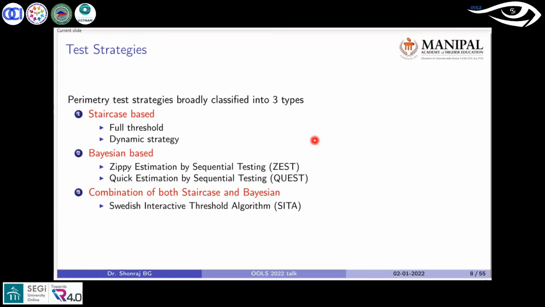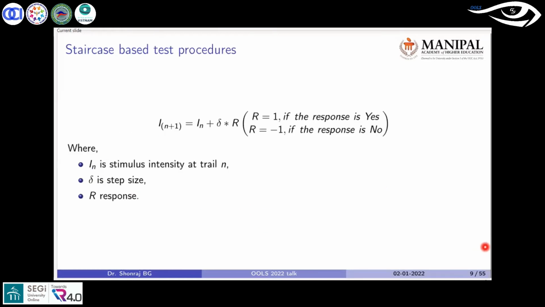Okay, now let's look at each one. Let me try to explain how each one works. Let's first look at the staircase. The staircase test procedure works something like this. Whenever I say adaptive psychophysical test procedure, that means you show a stimulus, and based upon the response, the next stimulus presentation depends on the previous stimulus presentation response.